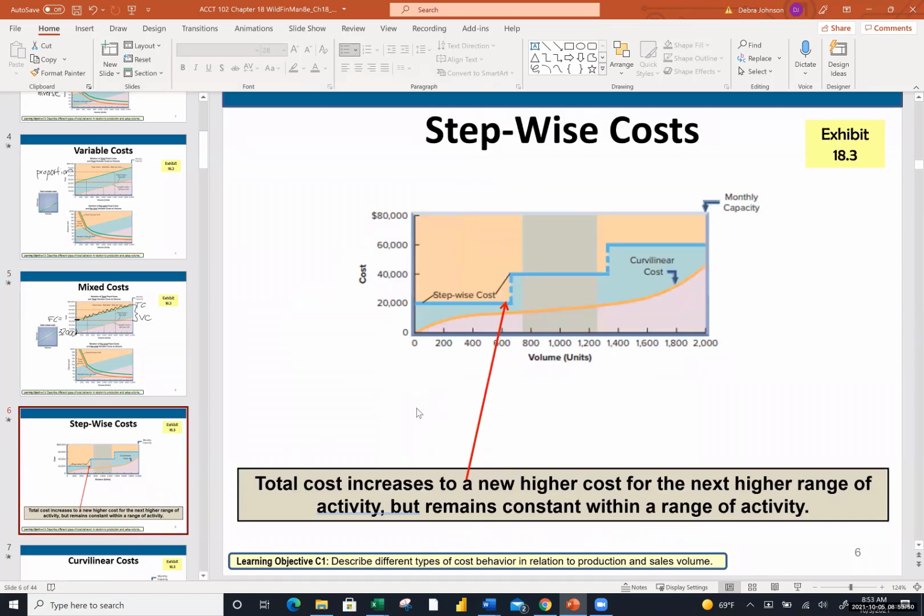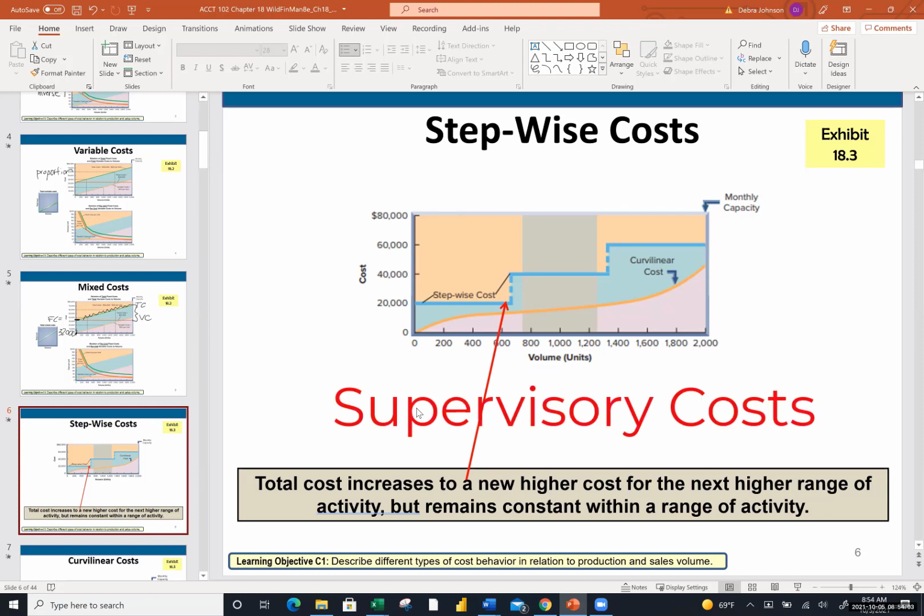Stepwise costs. If you look at them graphed, it's like a stair-step approach. Think of this as if you produce so many units, it's one cost for a supervisor. But as soon as you need more people, even to do a second shift, all of a sudden it jumps up, or you need a second supervisor once there's more people on board.